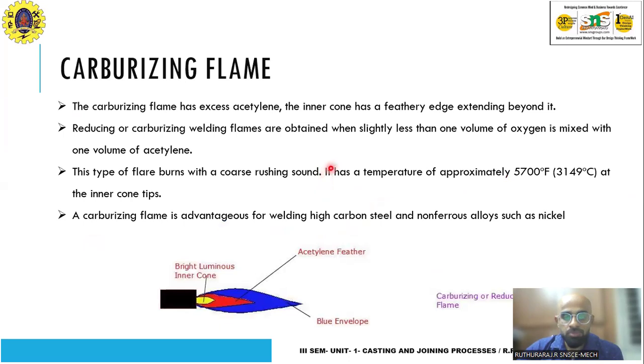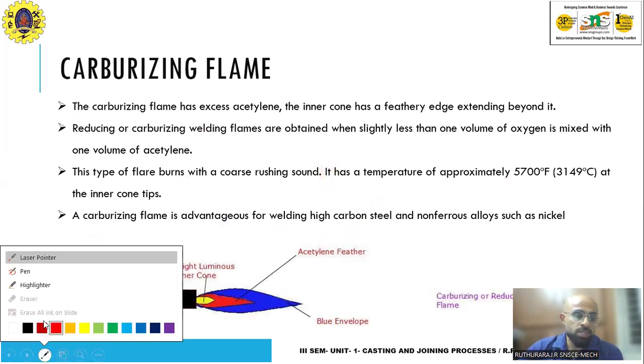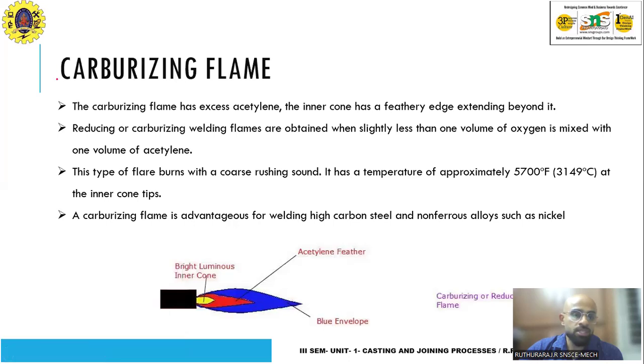The next type of flame is the carburizing flame. As the name indicates, it will have carbon in it. In order to have carbon in it, you have to add more fuel gas. So here the fuel gas will be more than the oxygen. The temperature generated here is around 3100 degrees Celsius.